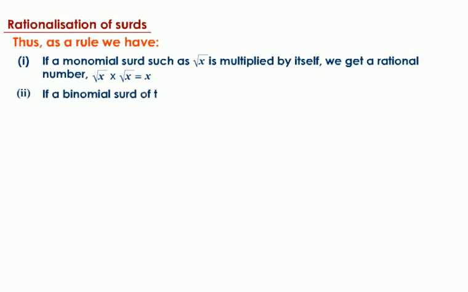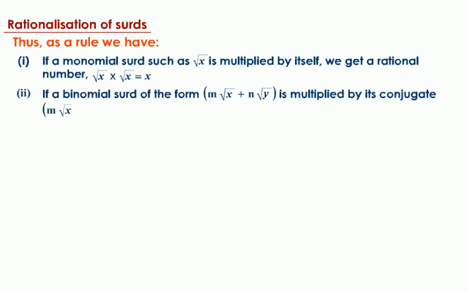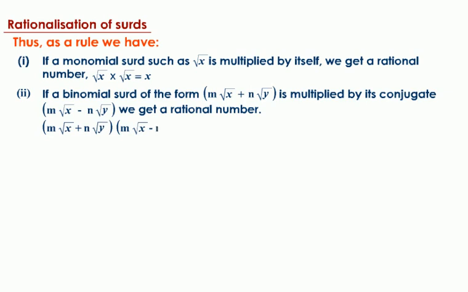If a binomial surd of the form m under root x plus n under root y is multiplied by its conjugate m under root x minus n under root y, we get a rational number, that is (m under root x plus n under root y)(m under root x minus n under root y), which gives us m square x minus n square y.